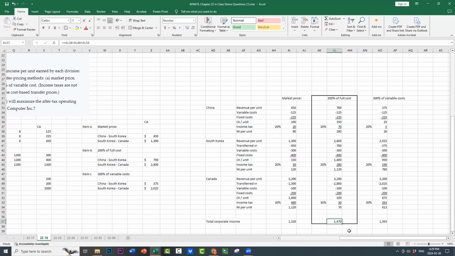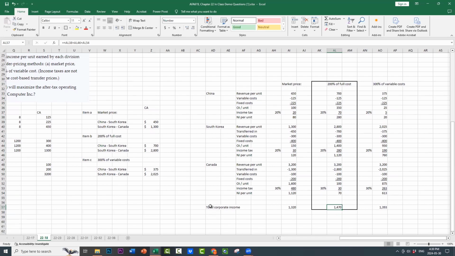So why is this happening? Why are we getting different operating income? The impact comes from the fact that there's an income tax. So if we look at this, this is total corporate net income per unit. Now, let's assume there's no taxes.